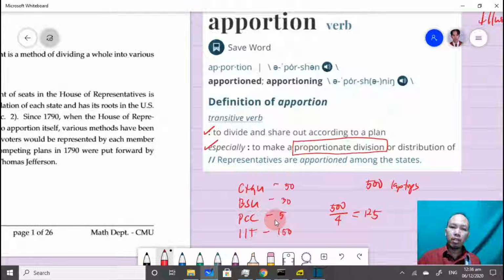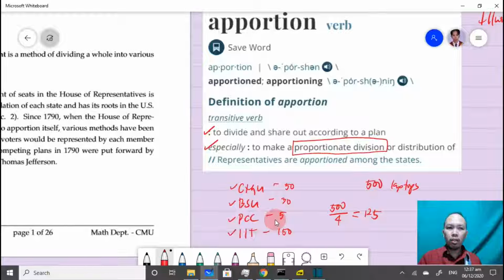So this 125 laptops will be distributed to each of these 4 universities or schools: 125 laptops here, 125 here, 125 here, and also for this one. Is that a correct way of distributing the 500 laptops to the schools here? Just ask yourself.